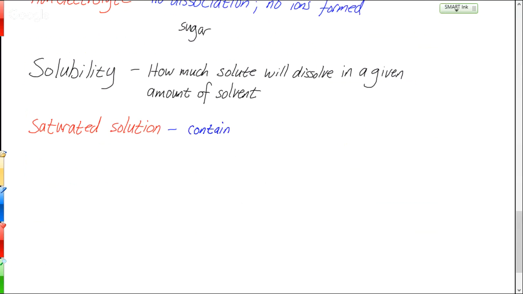A saturated solution contains all the solute that can possibly dissolve. So that's the most you can get in there.